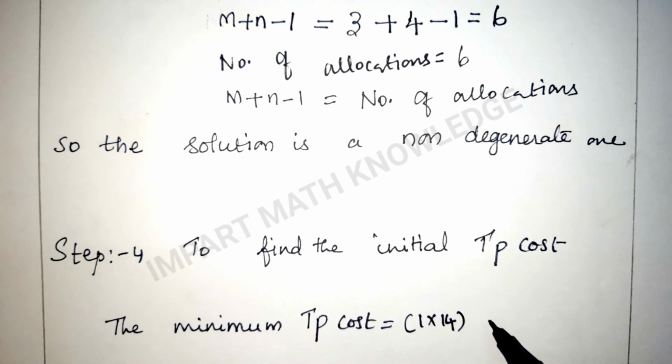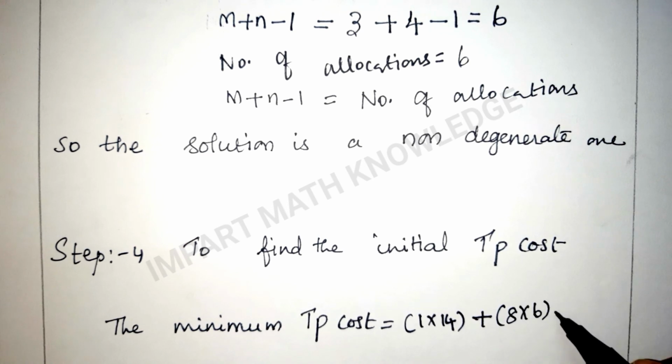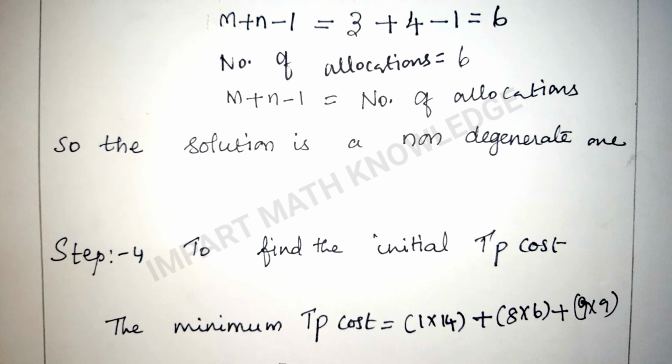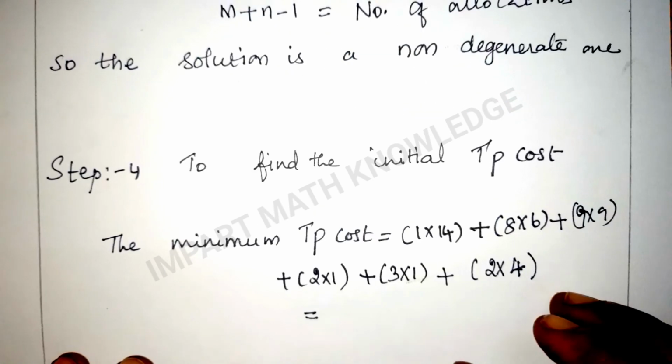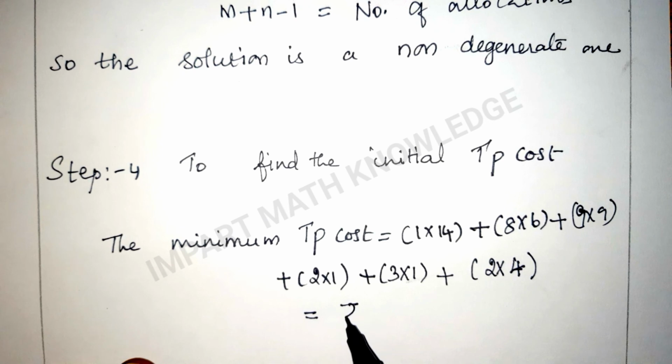If you multiply and add, you will get 156. This is the transportation cost for this particular problem.